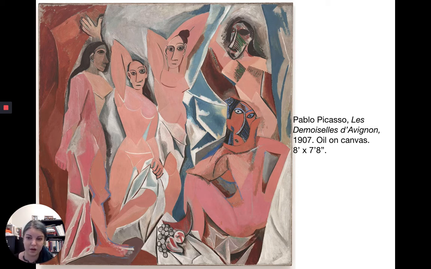So Matisse is talking to Vauxcelles, and Vauxcelles is like, well, what is this Picasso up to? What is he doing? And Matisse says, well, he's making this painting that is painted with little cubes. So Matisse describes what Picasso's work in Cubism is looking like and calls it little cubes.